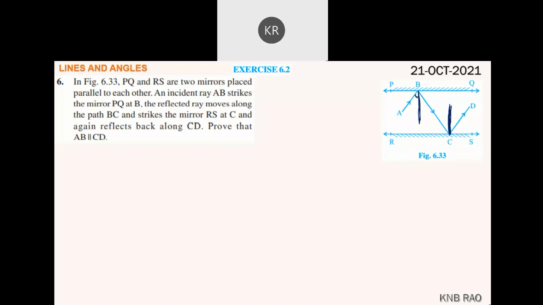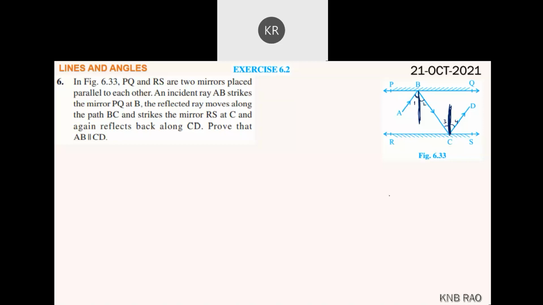Okay, now see, first we will go for drawing perpendiculars. You are right. And let us go for labeling. This is angle 1 and this is angle 2, angle 3, angle 4.